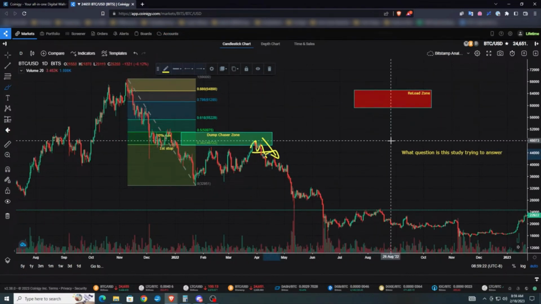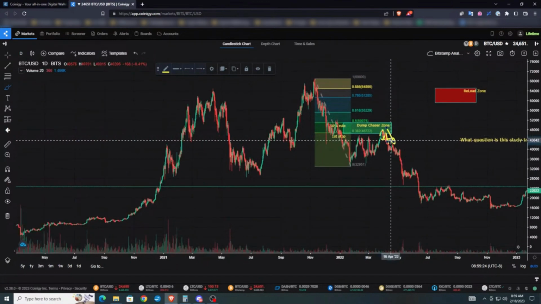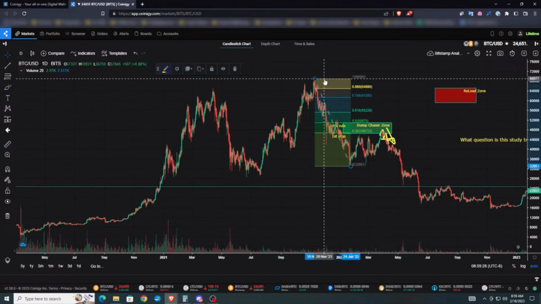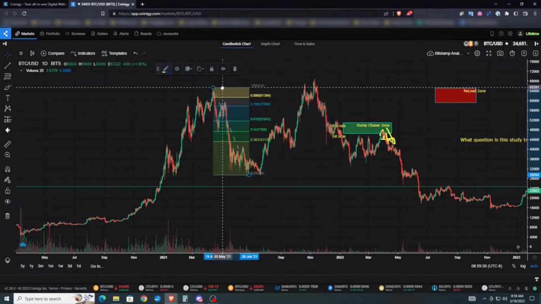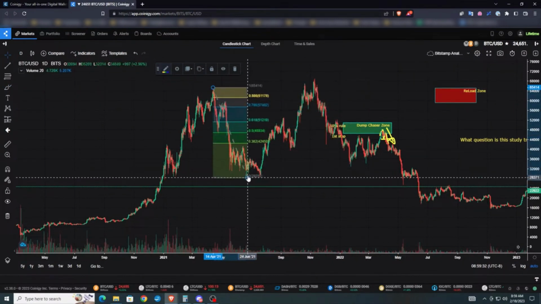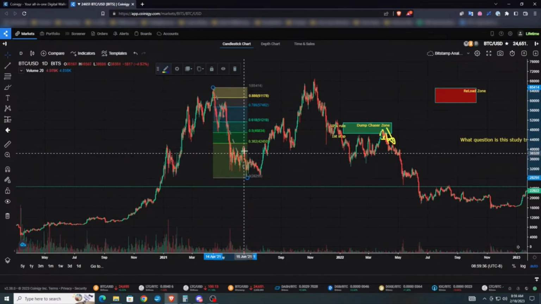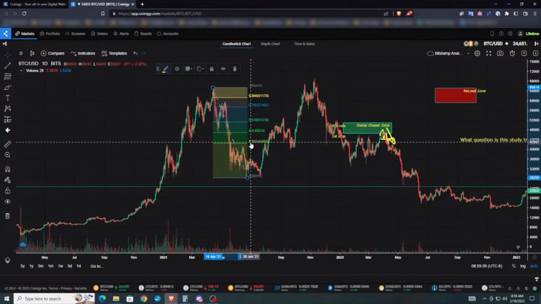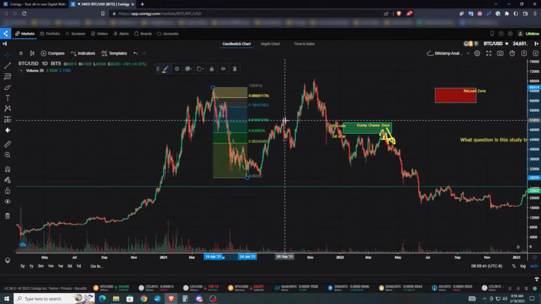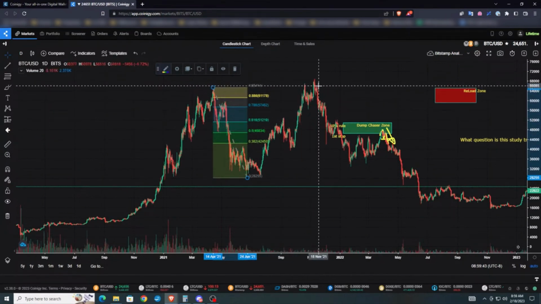If we zoom out a little bit and look at other situations, you'll see that in this particular case, if we draw our study from this high down to this low, we didn't actually stall out, but we worked our way higher and were able to head to new highs.